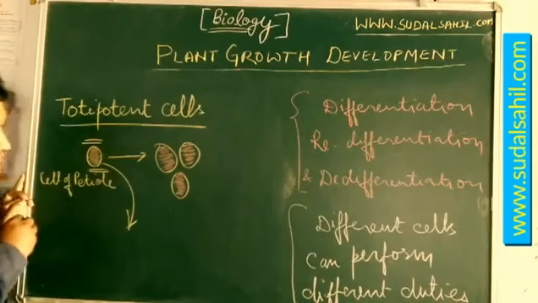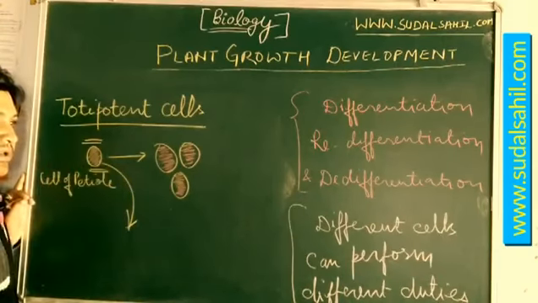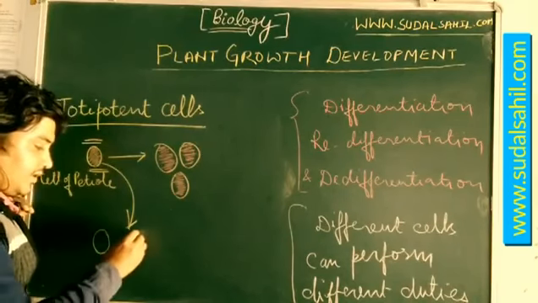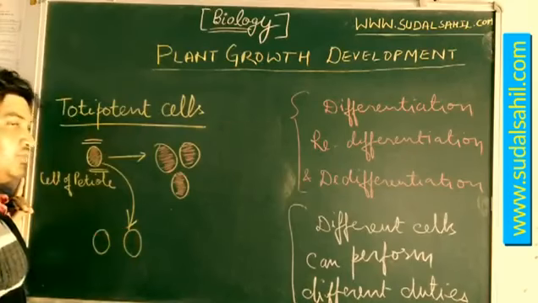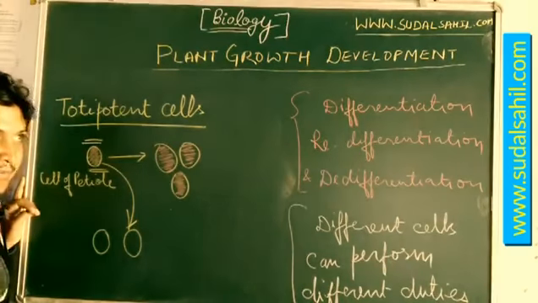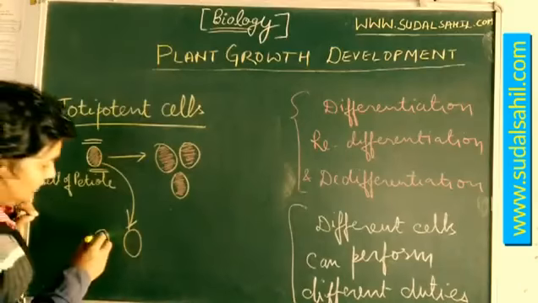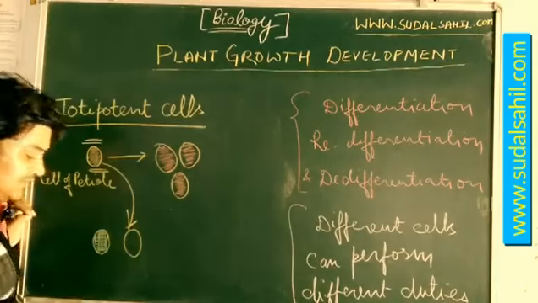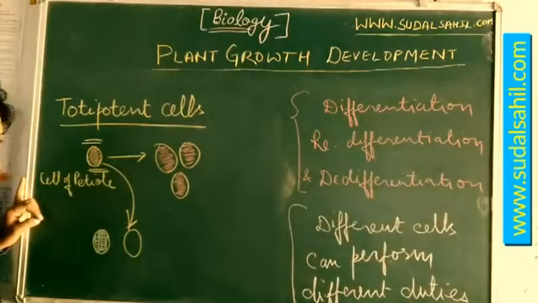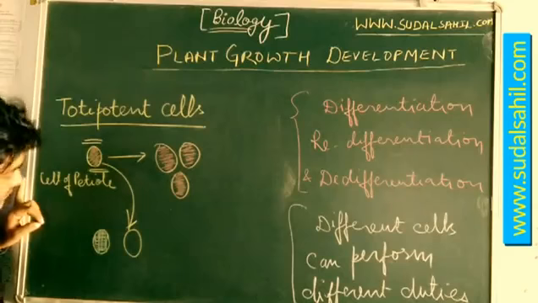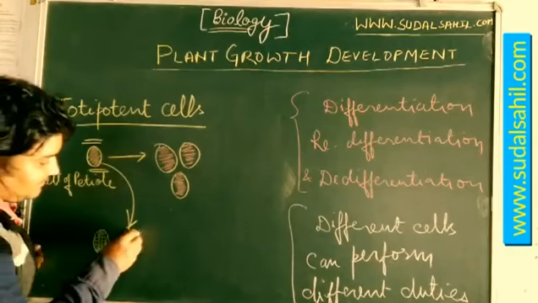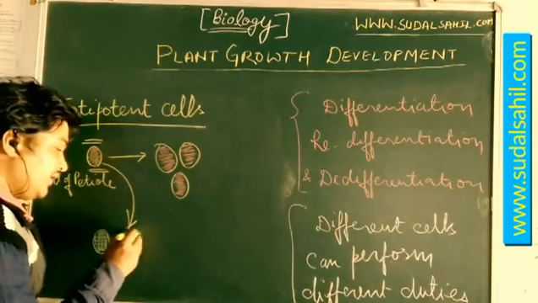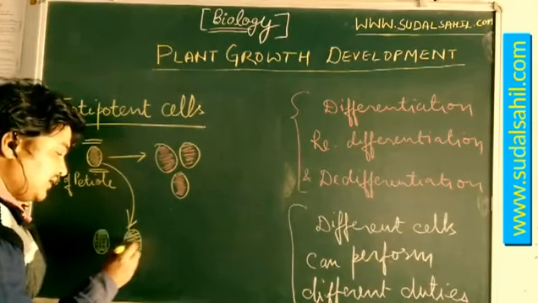So your plant will not survive. Assume these cells can be grown into chlorophyll cells, into petiolar cells with red pigment, and into green pigmented cells or chlorophyll cells, and other cells like xylem cells and phloem cells, which can perform different functions.